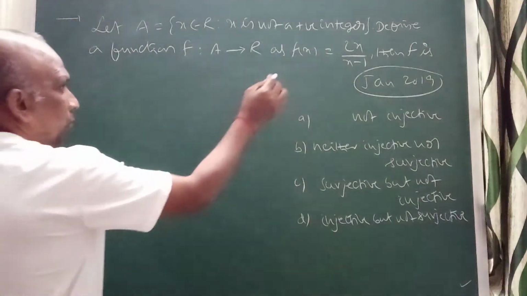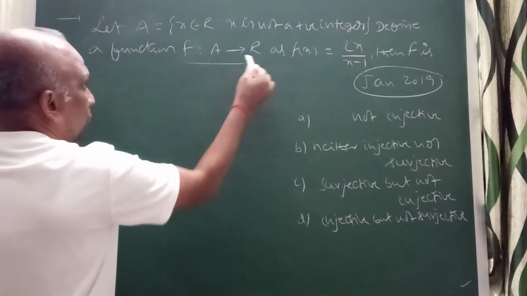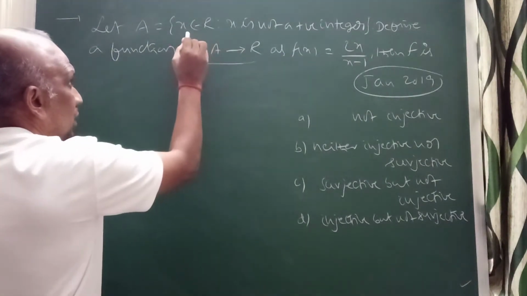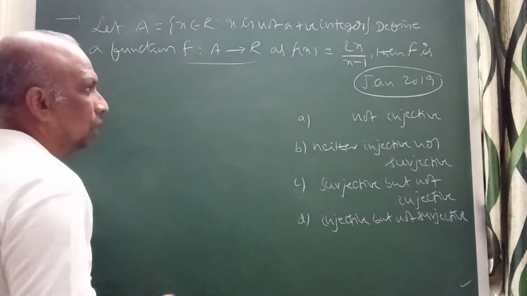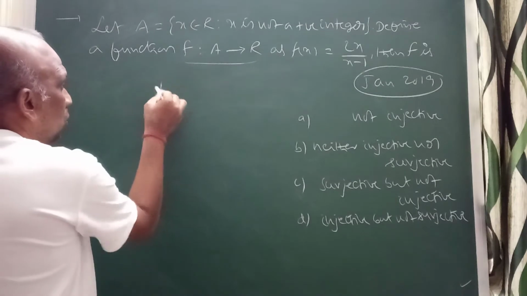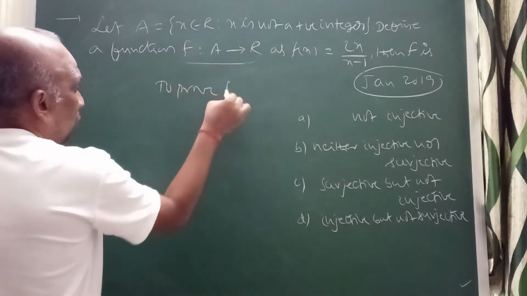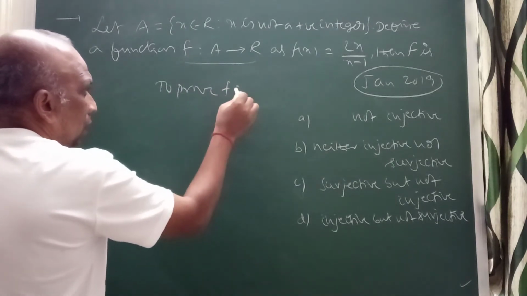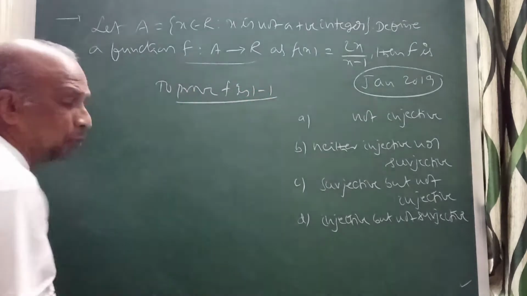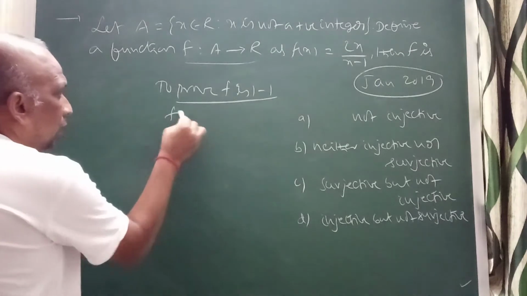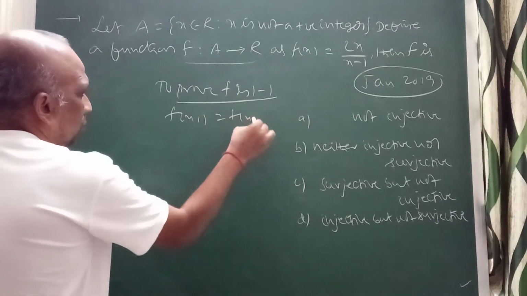This is a given function from A to R, where the elements of A are real numbers but not positive integers. To prove one-one, to verify f is one-one, you can consider f of x1 equal to f of x2.